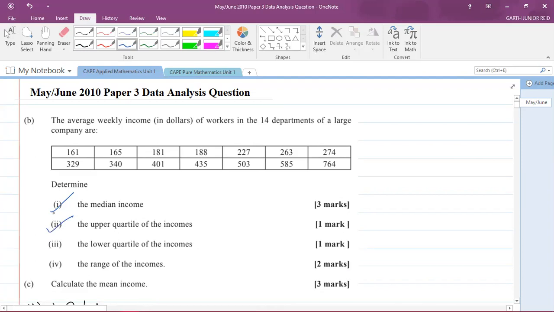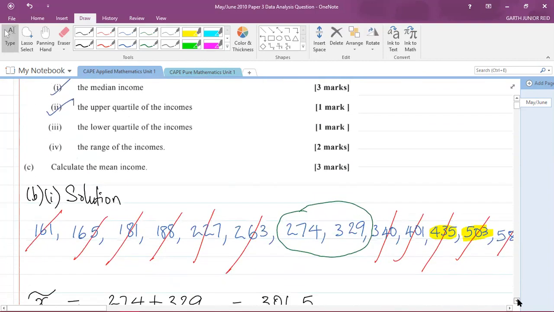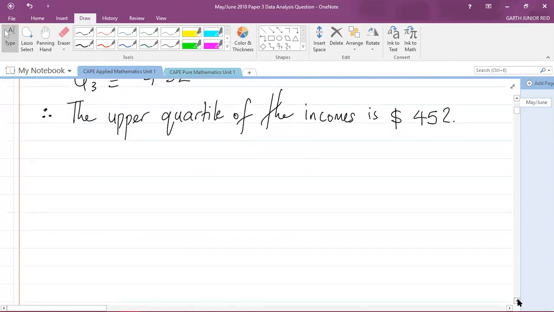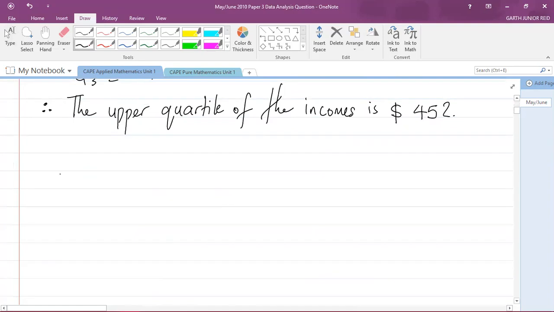Great. Now I'm looking at part 3 of B, which says that we want to determine the lower quartile of the incomes. That is part 3, B part 3 solution.